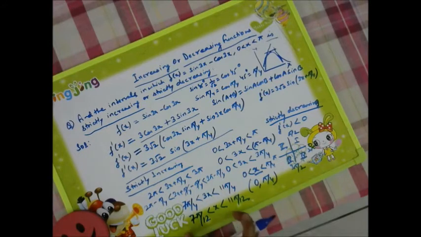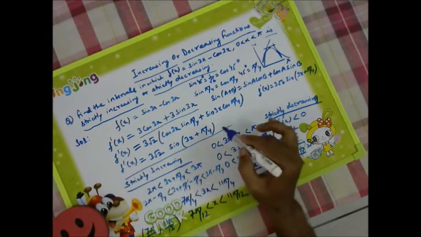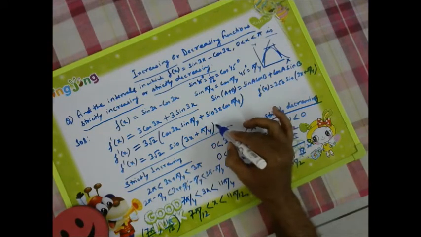So now one more interval we have got, and that interval is 7 pi by 12 to 11 pi by 12. So this interval also we have got. Now we can say that this f dash x is strictly increasing.